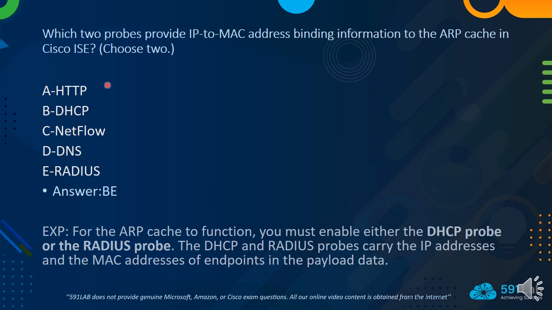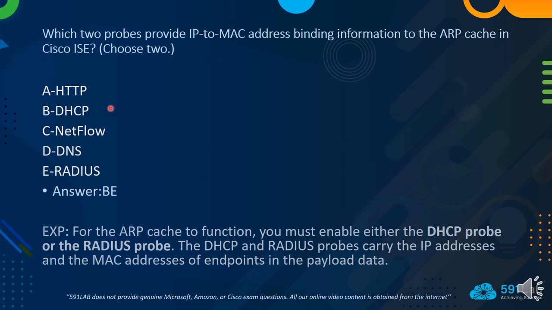Yes, if we did a packet capture, we can only see the IP and the MAC address in two types of traffic, DHCP and RADIUS, and that is the indication for the probe. The probe is a piece of information that we extract from traffic, and here we need the IP and the MAC address.